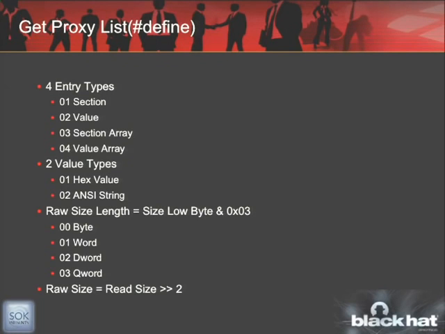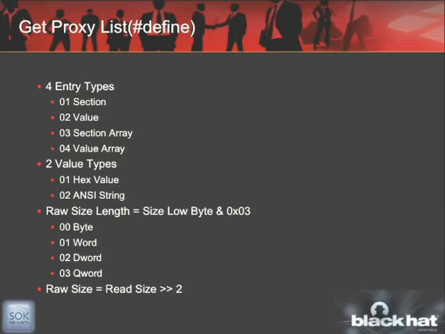And there are 2 value types. 01 means hex value, 02 is more strings. And next represents the raw size length. It uses the low byte of the size, and with 0x3 you will get the size length. It's not the actual size, it's the size length. So the actual raw size is the read size right-shifted.